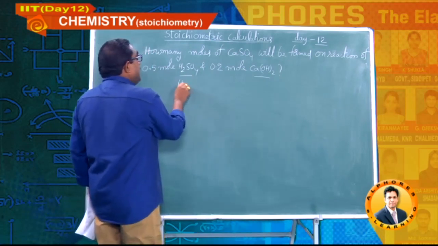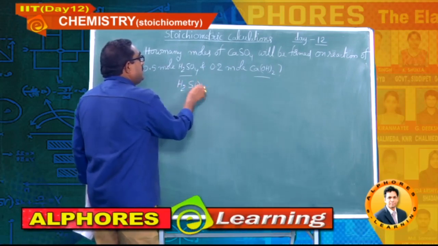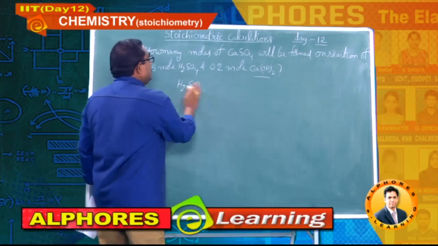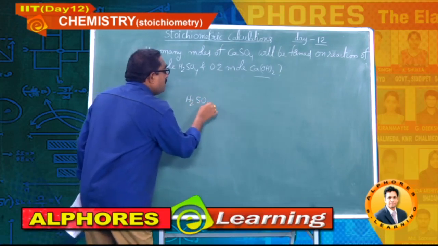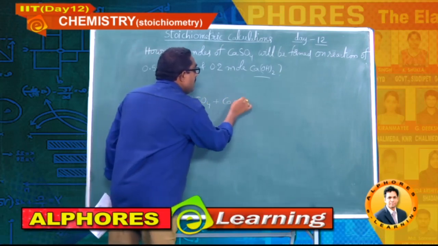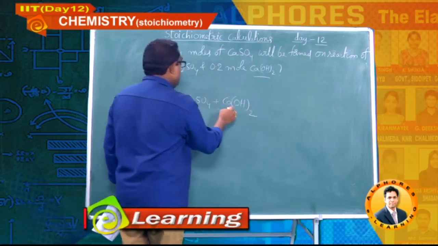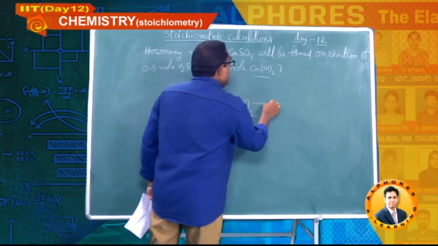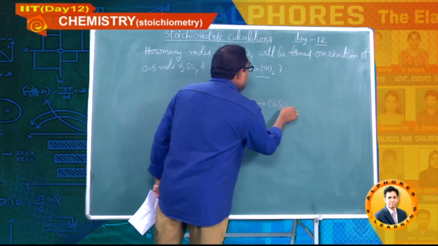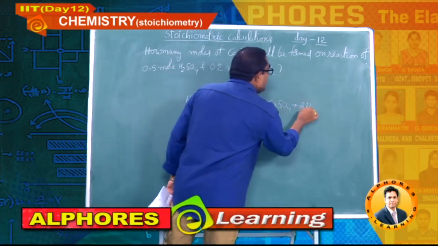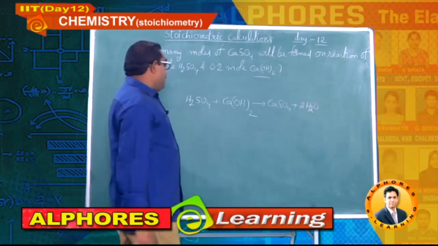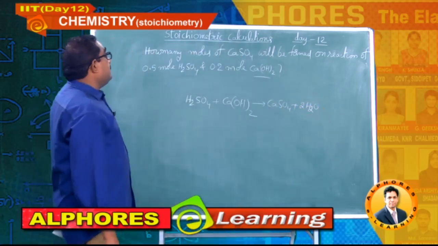So, I am writing that reaction. H2SO4 plus calcium hydroxide, you will get calcium sulfate salt, and 2 OH, 2 H, so in total you will get 2 moles of water. This is the balanced chemical reaction.